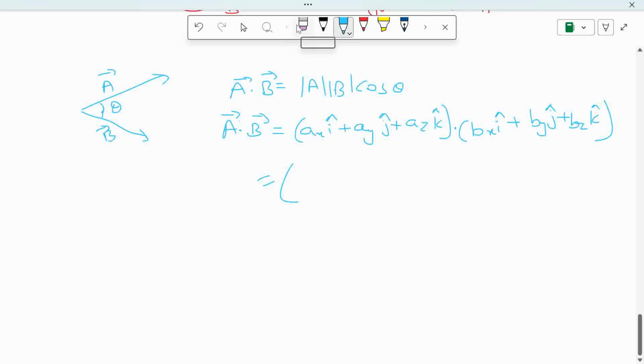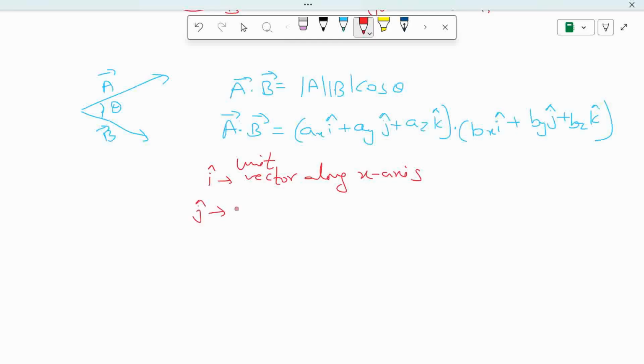So let's understand what they are. I cap is a vector along the x-axis, in fact a unit vector.